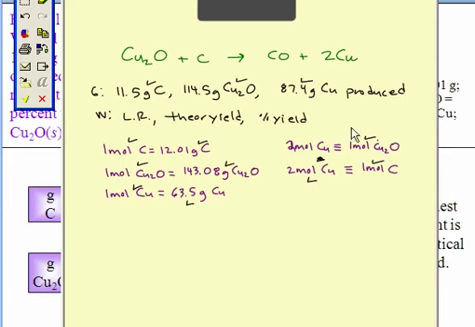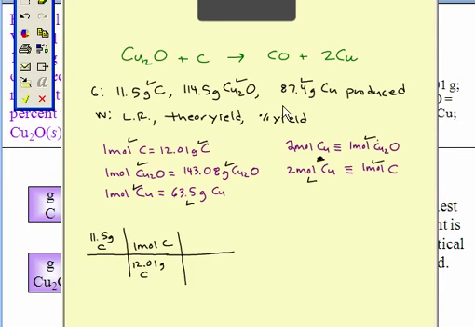So what do I mean by that? Well, let's take a look at figuring out our limiting reagent. To figure out our limiting reagent, we take the amounts of both our reactants, our carbon and our copper(I) oxide, and we see how much copper we get. Before we can do that, we've got to get our grams to moles. So let's start with our carbon. I have 11.5 grams of carbon, and I need to get it to moles. 12.01 grams of carbon is 1 mole of carbon.